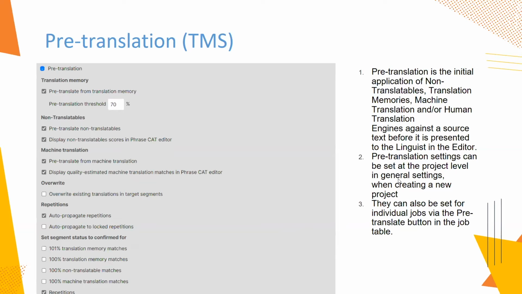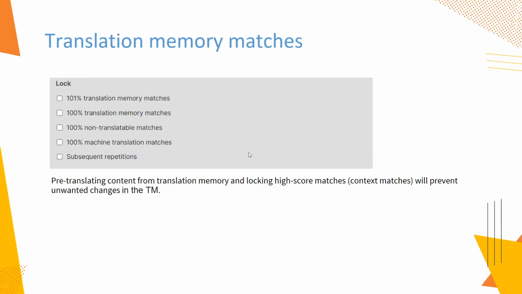Pre-translation settings can be set at a project level in general settings when you create a new project. We just set it at the project level. They can also be set individually for different jobs by the pre-translate button in the job table.